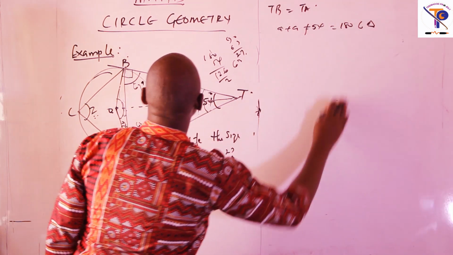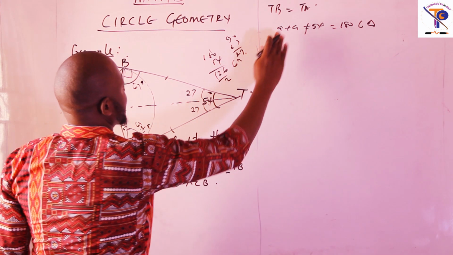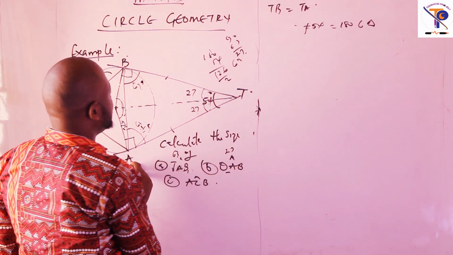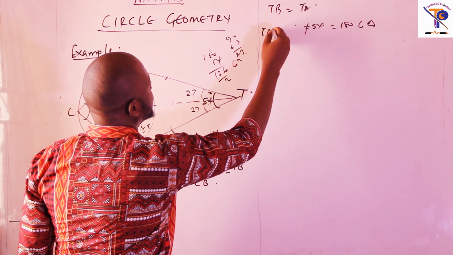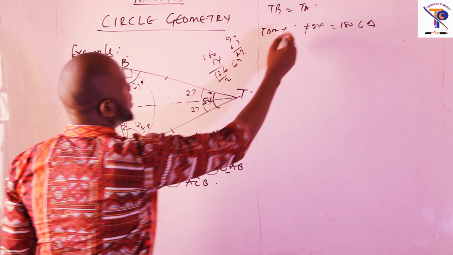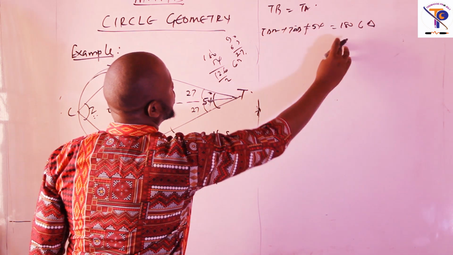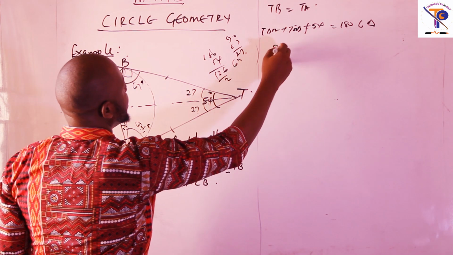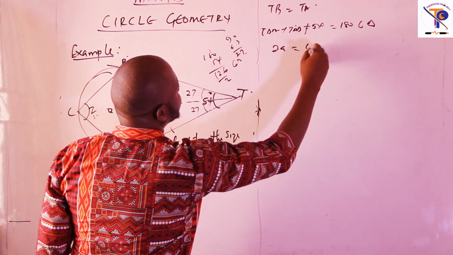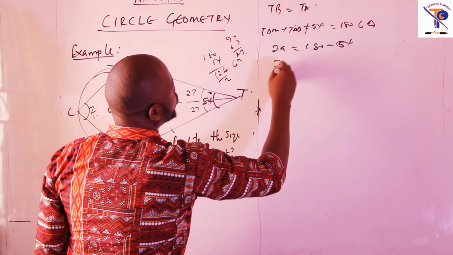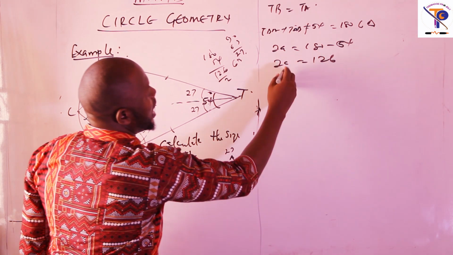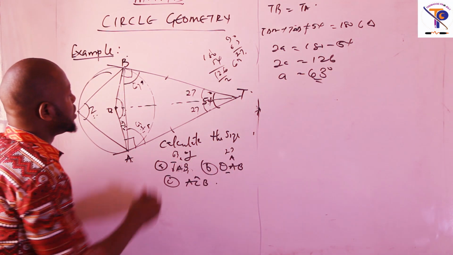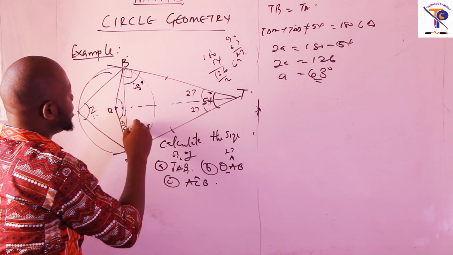That is the triangle. You don't have to write A now. We can have TBA plus TAB will give you this. So this one is the same thing. So we have 2A is equal to 180 minus 54. So we have 2A to be 126, and our A is equal to 63 degrees. So if this A is equal to 63 degrees, we have 63 degrees.